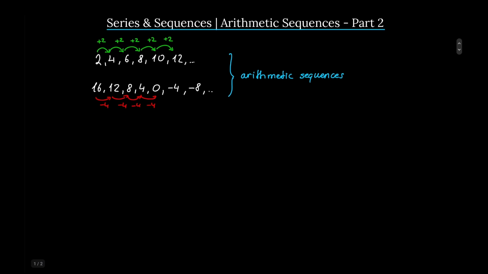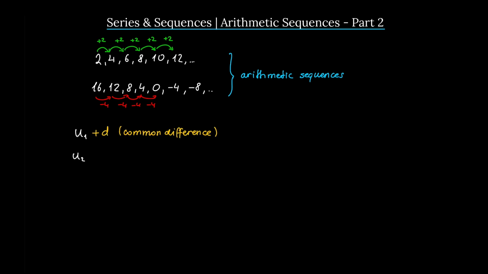So if we were to go into a more general sense, the first term, as established before, is denoted by u with an index 1, so just u1. Then, in order to get the next term, which is u2, you need to add or subtract this constant pattern. That is called the common difference, and denoted with a lowercase d.